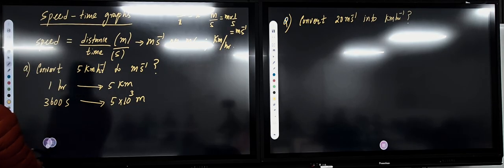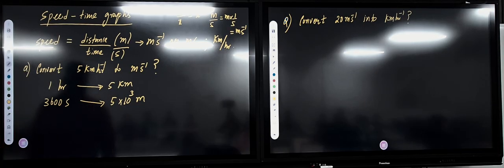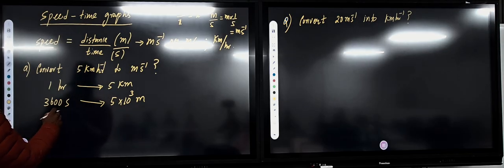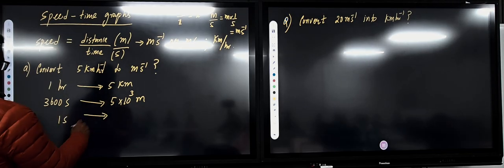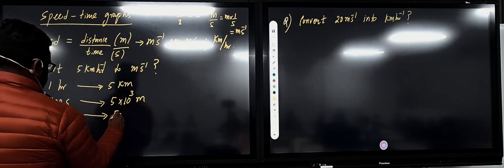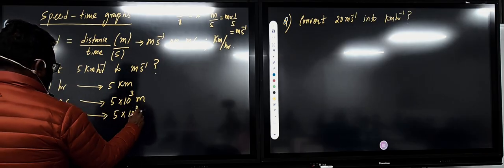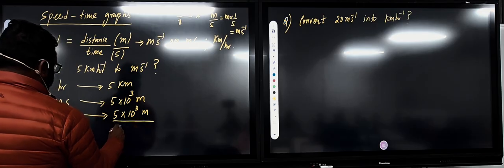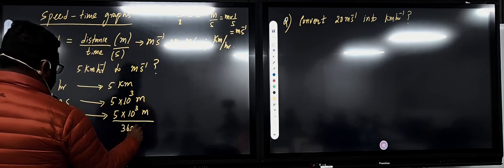Then you have to make it 1 second, so you are dividing both sides by 3,600.